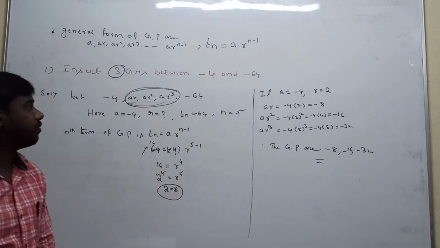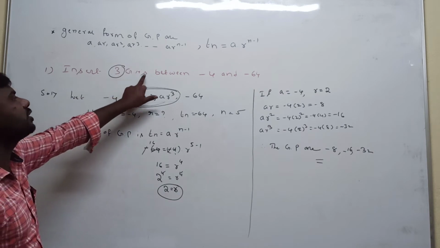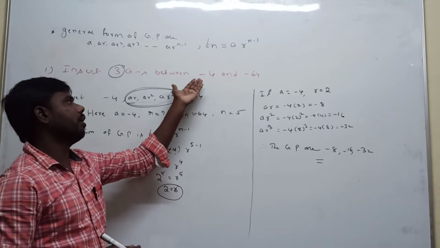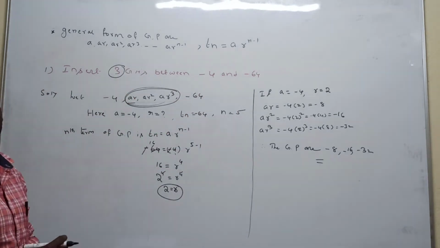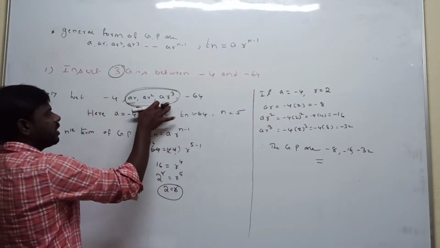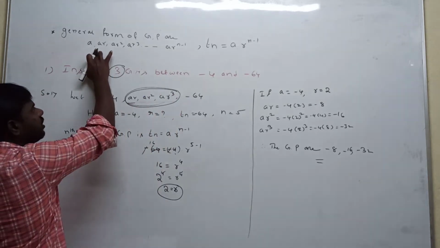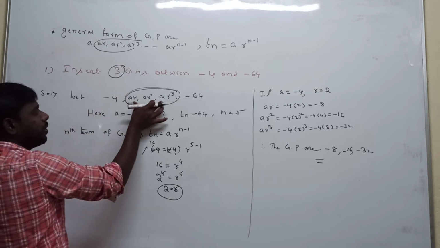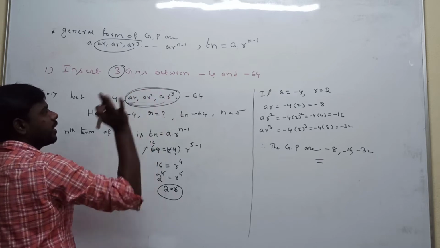So once again, listen carefully. What are they asking? Insert 3 geometric means between minus 4 and minus 64, meaning in between minus 4 and minus 64 we insert 3 geometric means. Because the first term is already given, we assume 3 terms: one element is AR, another AR square, third AR cube.